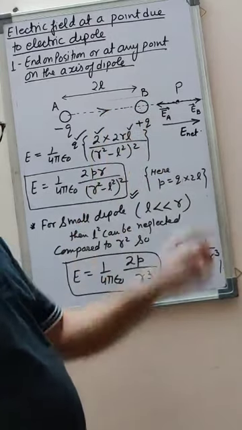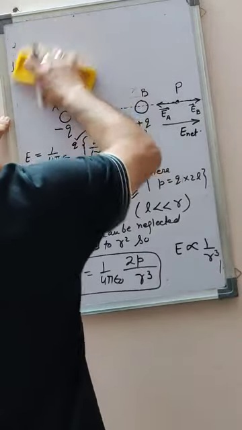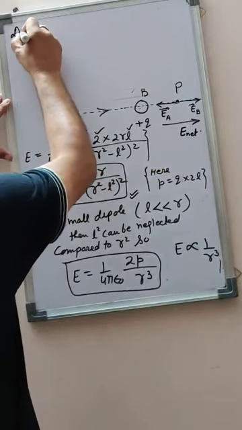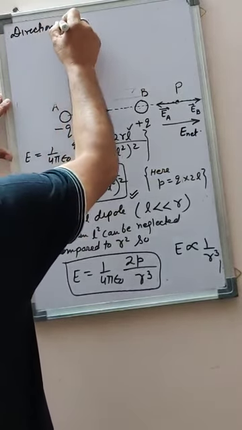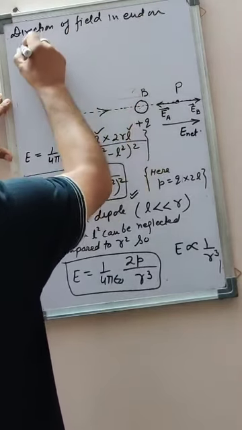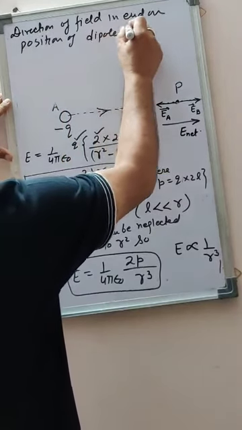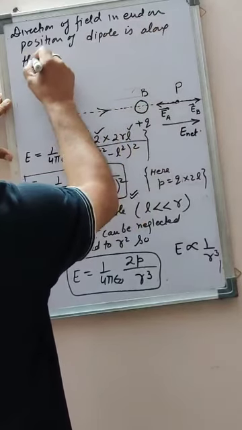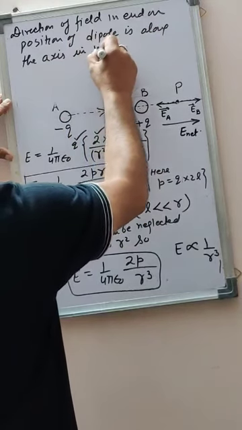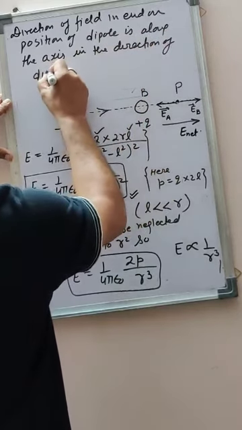So the direction of field in end-on position of the dipole is along the axis of the dipole, in the direction of dipole moment.